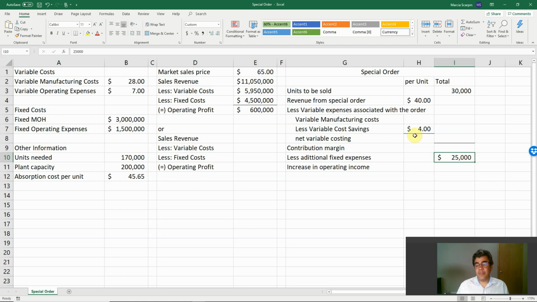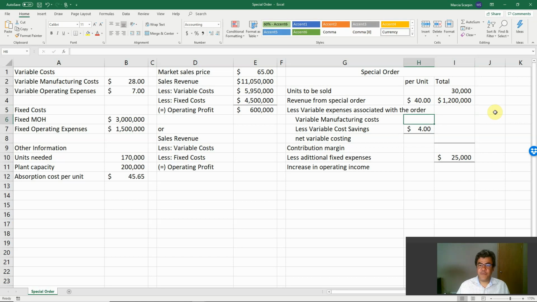We create a new income statement with only our special order. So our revenue, 30,000 times 40, will be $1.2 million.